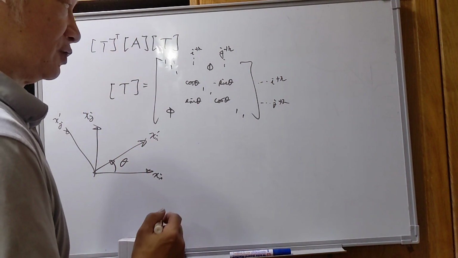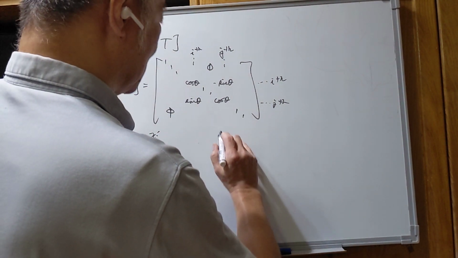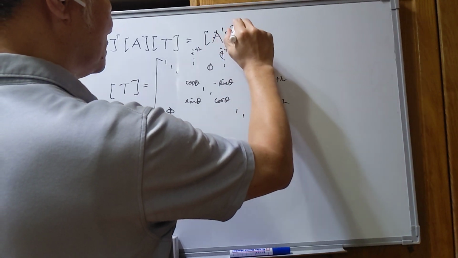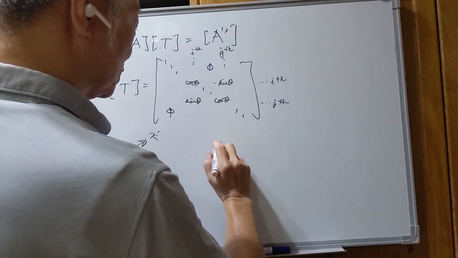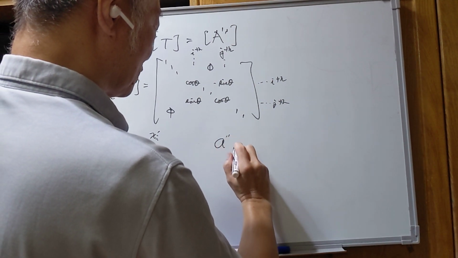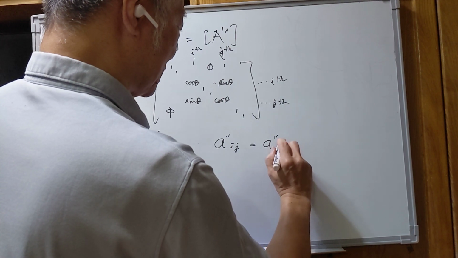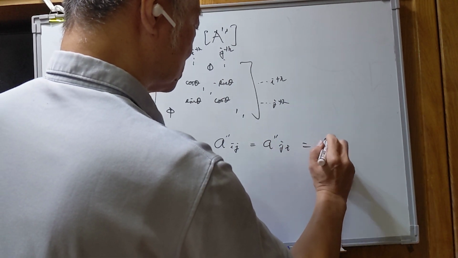The purpose of these calculations is to get, let's say, A double prime, where A double prime ij and also A double prime ji are equal to zero.